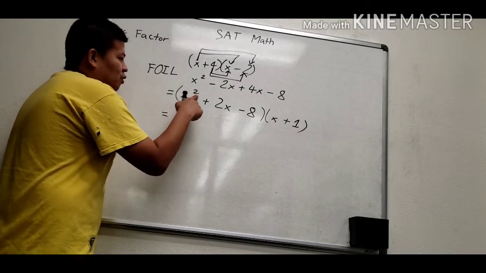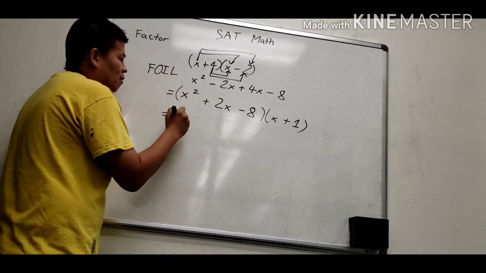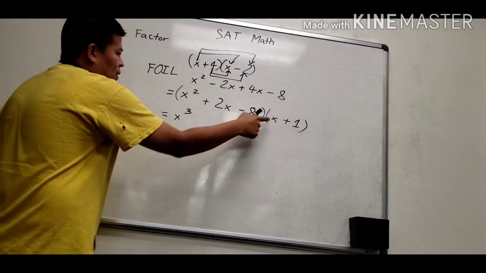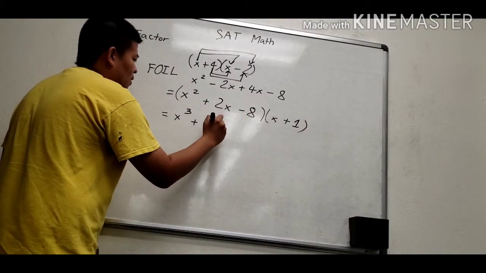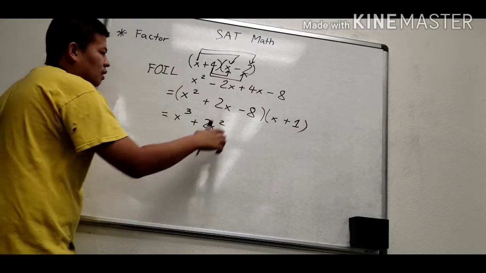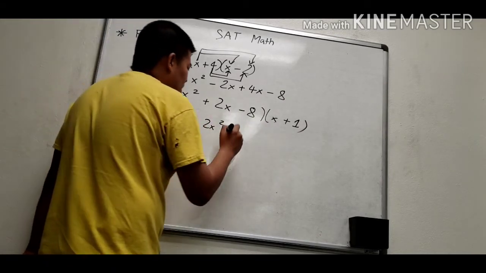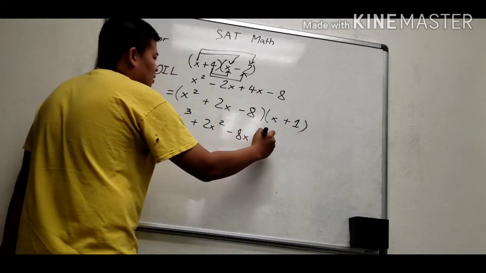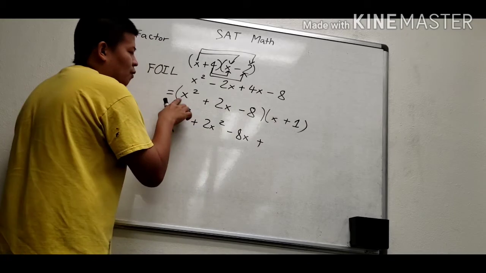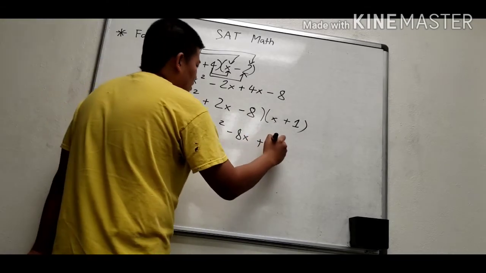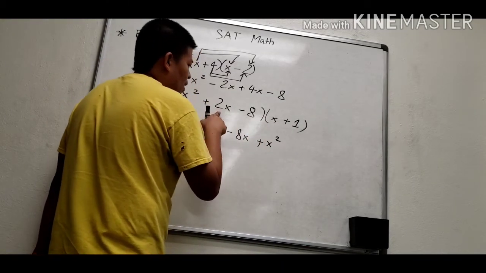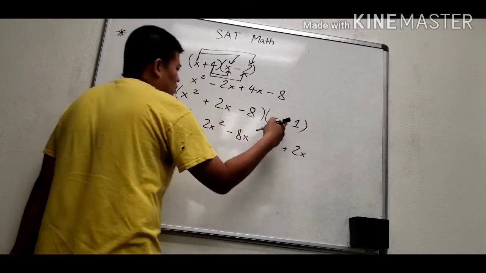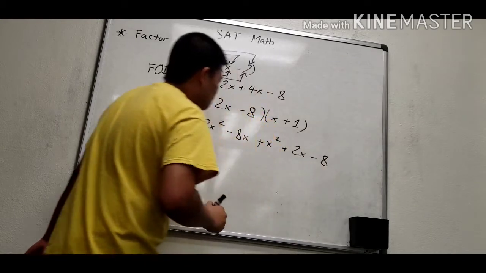We have s power 2 multiplied with s, then we become s power 3, and 2s multiplied with s is 2s power 2. Minus 8 multiplied with s becomes minus 8s. The next one, we have number 1, and we have s power 2, and that's s power 2. 2s multiplied with 1 is 2s. Minus 8 multiplied with 1 becomes minus 8.